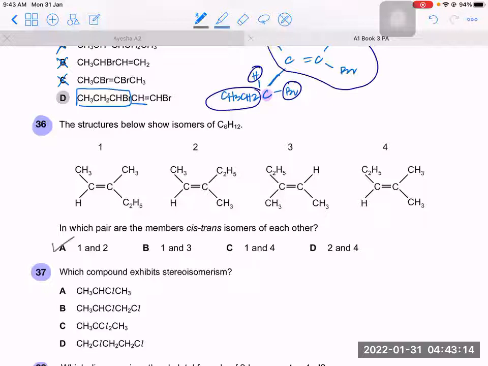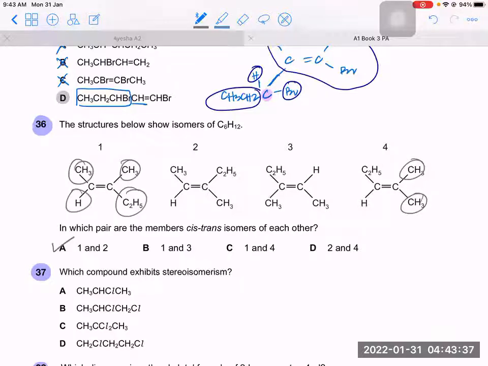1 and 3. Why can't it be 1 and 3? Because in 1 and 3, both are cis. Why can't it be 1 and 4? In 1 and 4, these are different. CH3, CH3 here, CH3, C2H5, CH3, H here.